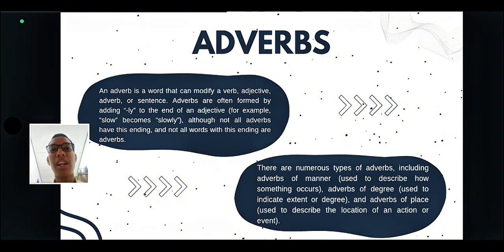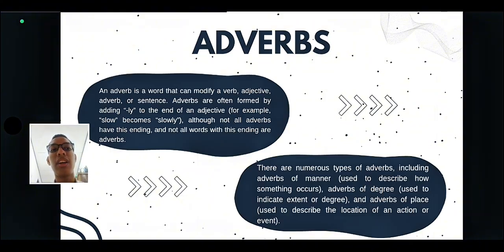Adverbs. An adverb is a word that can modify a verb, adjective, adverb, or sentence. Adverbs are often formed by adding -ly to the end of an adjective. For example, slow becomes slowly, although not all adverbs have this ending, and not all words with this ending are adverbs.